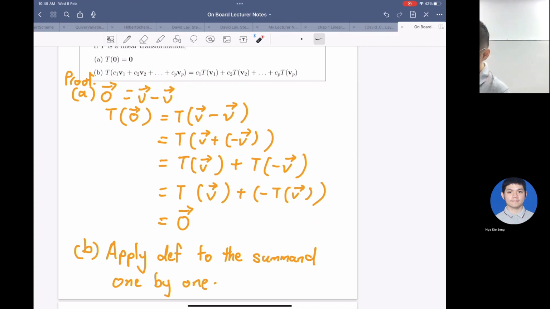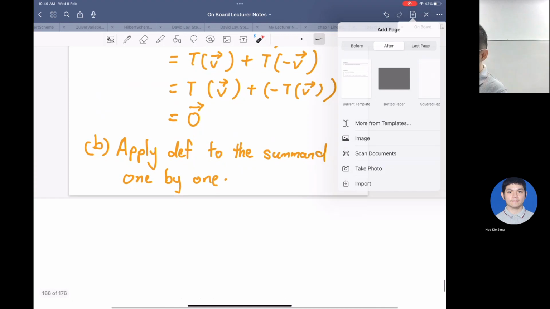So you split, pull out the scalar, split, pull out the scalar, and split. Is it clear or not? Maybe a bit abstract.